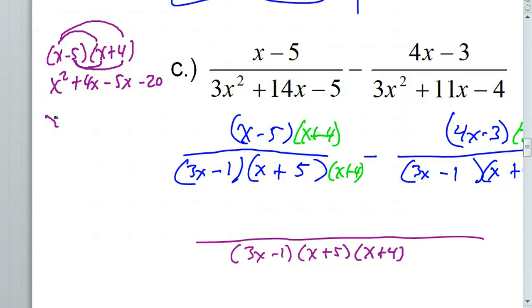Wait, this is the same as before. Keep forgetting that. So this is going to be x squared minus x minus 20. So right here I have x squared minus x minus 20.